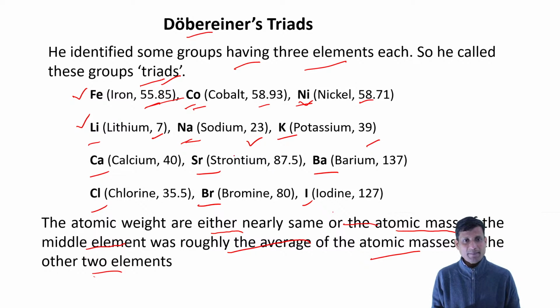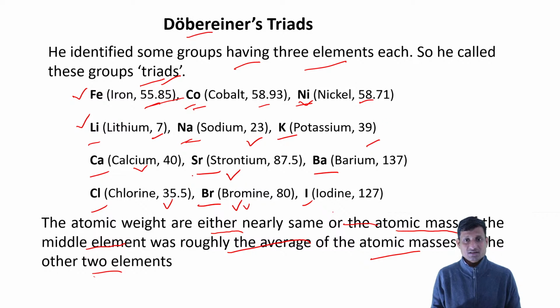In the same way, we can understand the atomic weight of strontium and barium, and bromine in the third and fourth triads.